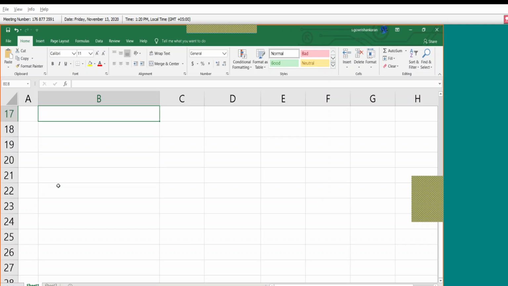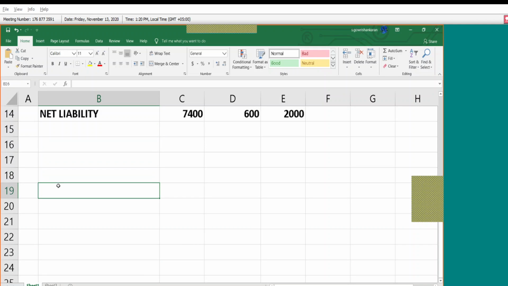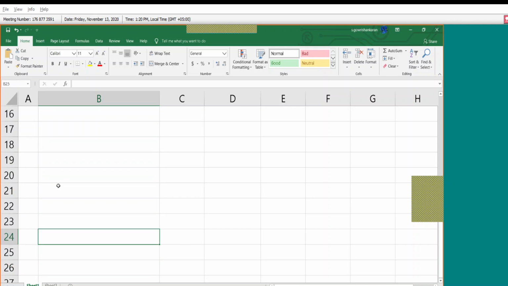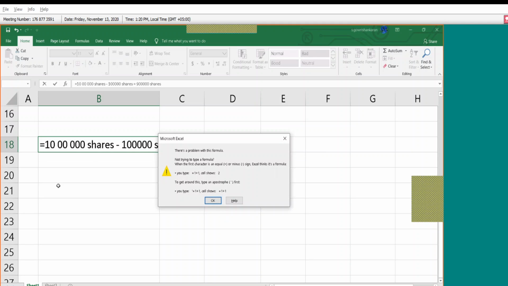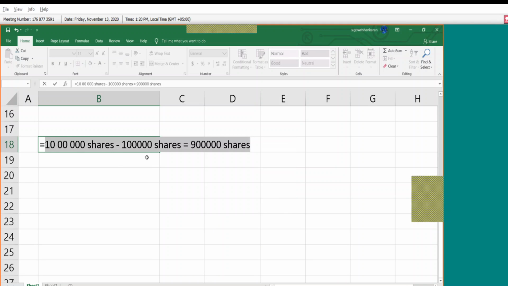So as per the question, 10 lakh shares minus 1 lakh shares equal to 9 lakh shares.